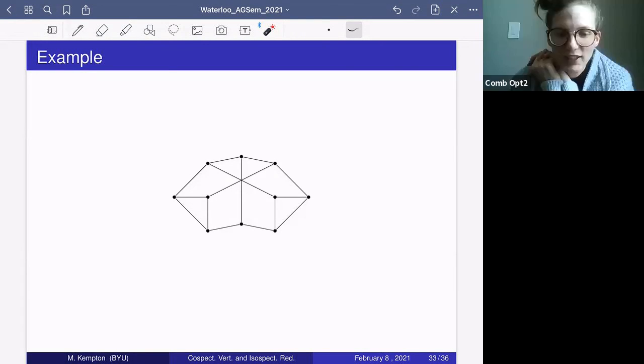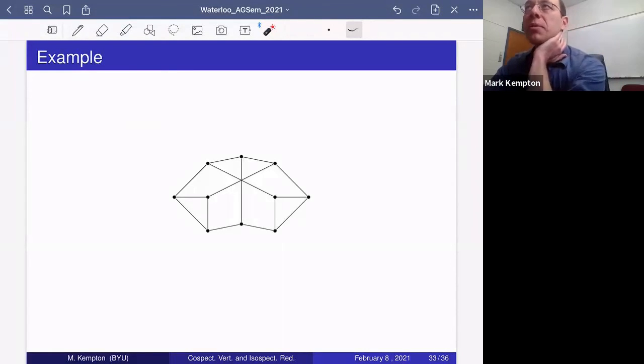I was going to ask what you can say about the strongly cospectral vertices, which you did answer. I was just wondering, does the proof of that come from the proof of the other thing, or is it an easy implication? That is a very easy implication.